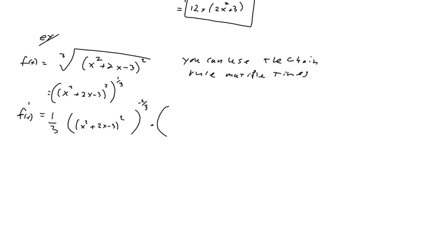I did the derivative of the outside, that's the 1/3 up front, negative 2/3, times the derivative of this inside. The derivative of this inside part, I'm only going to look at this function here now. And I notice that this function here requires another chain rule. So I'm going to do the chain rule here, 2 times, leaving this new inside part alone, to the power of 1, right?